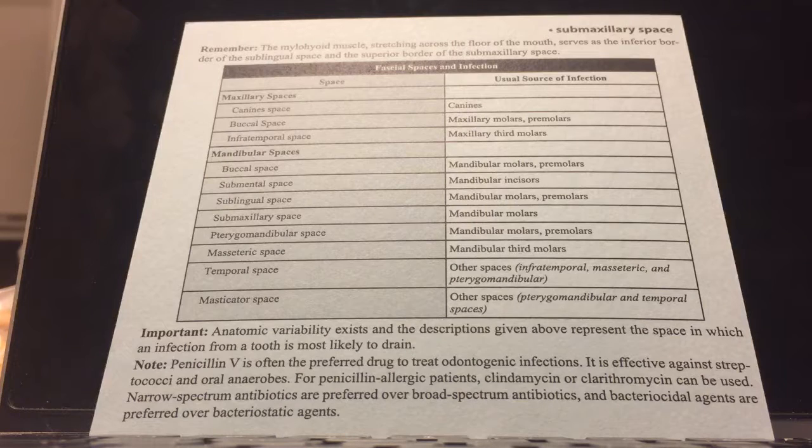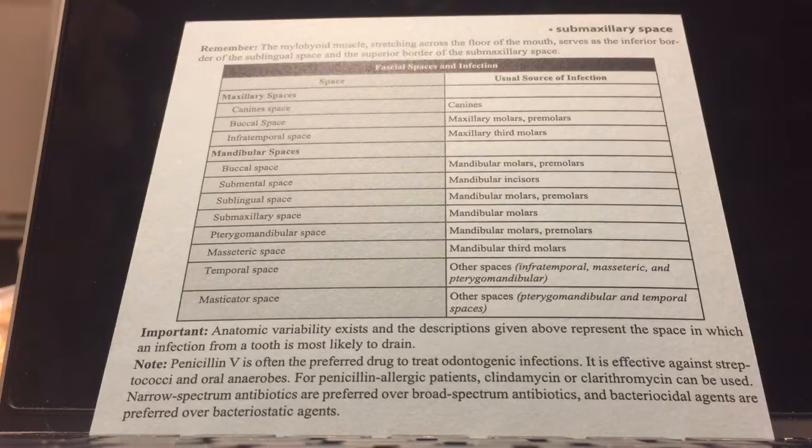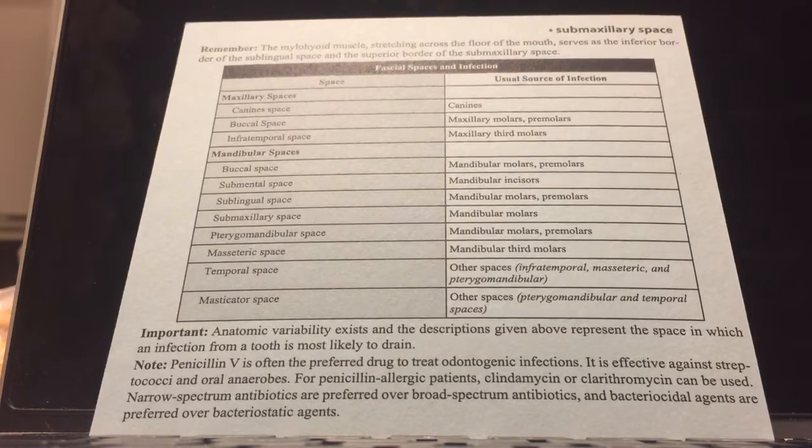It is effective against streptococci and oral anaerobes. For penicillin allergic patients, clindamycin or clarithromycin can be used. Narrow spectrum antibiotics are preferred over broad spectrum antibiotics, and bactericidal agents are preferred over bacteriostatic agents.